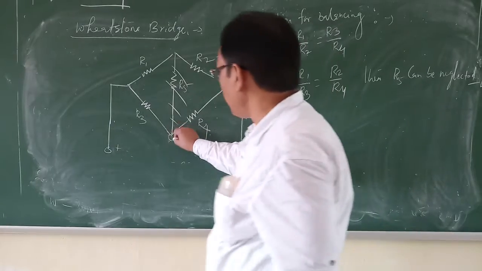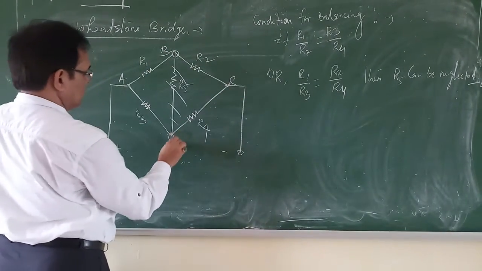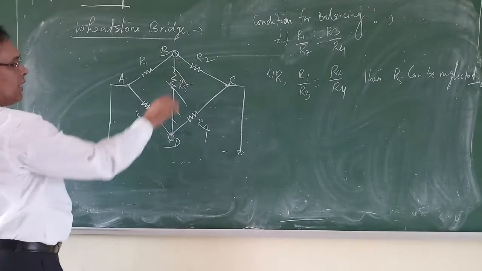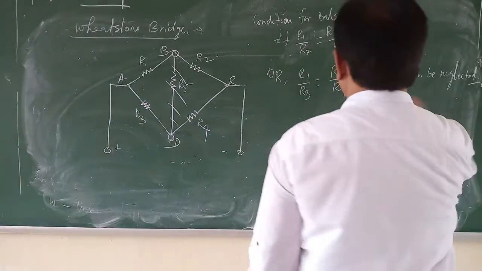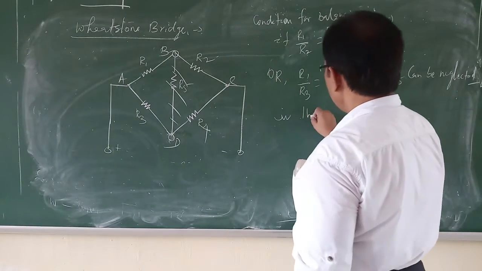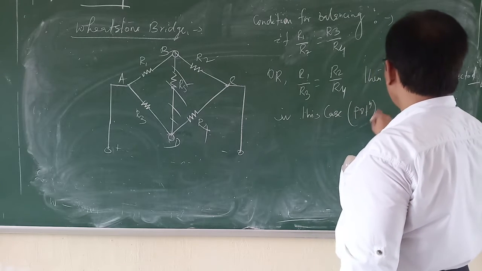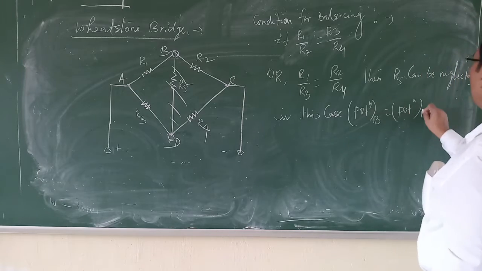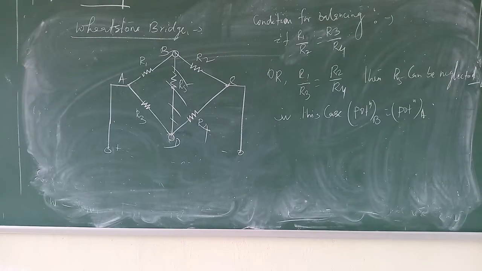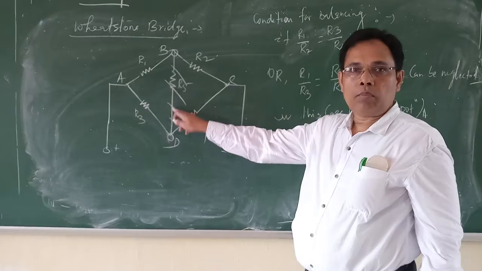Because of these points A, B, C, D, these 2 points B and D become at common potential. In this case, potential of point B will be equal to potential of point D. So if the potential of both points are same, then no current will flow through this branch.